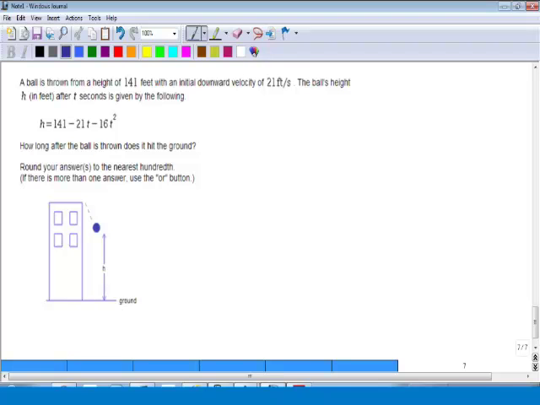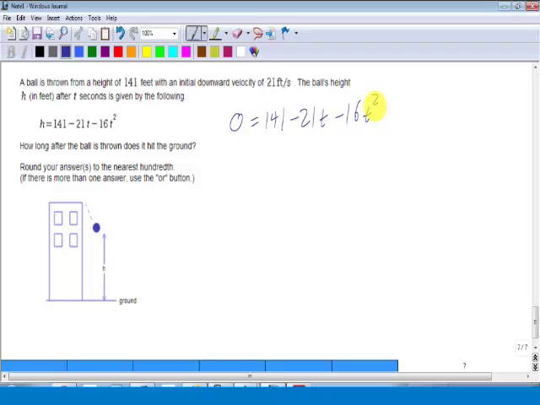So what we want is the value of t, and we're not considering bounces here. So I'm just wanting one particular value of t when it hits the ground when h equals 0. So the quadratic equation to solve is 0 equals 141 minus 21t minus 16t squared.